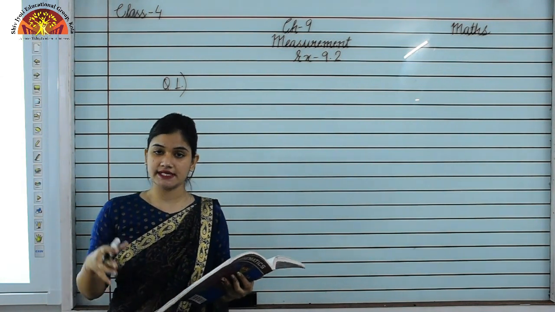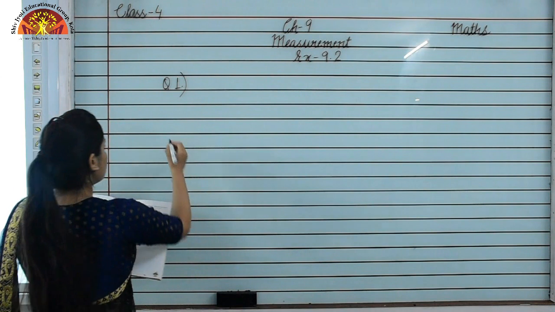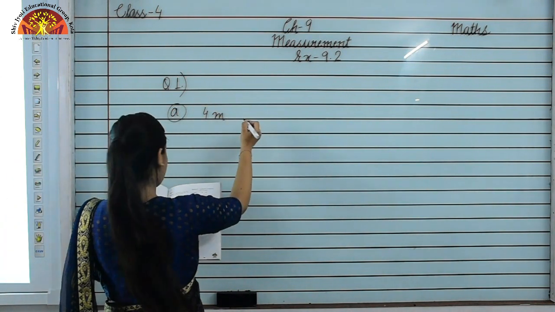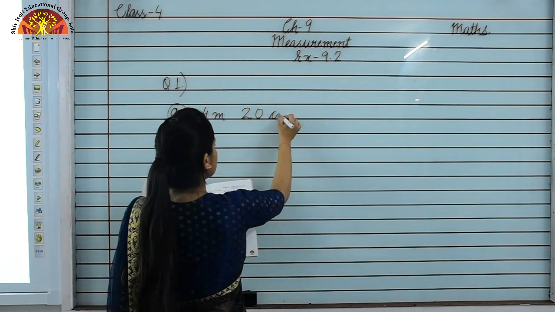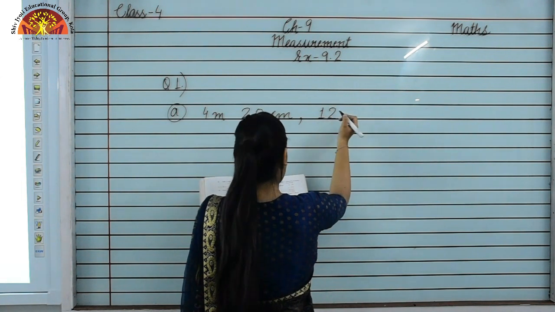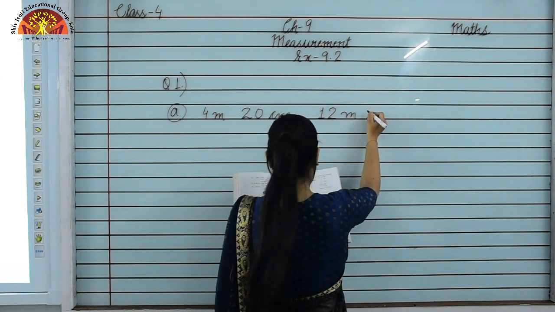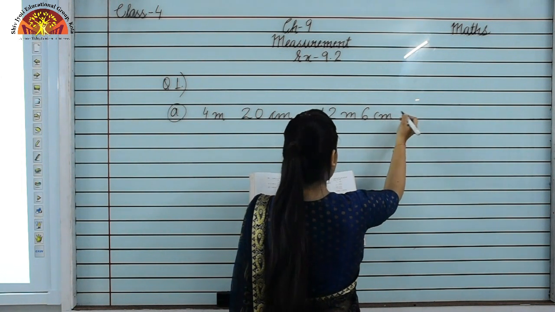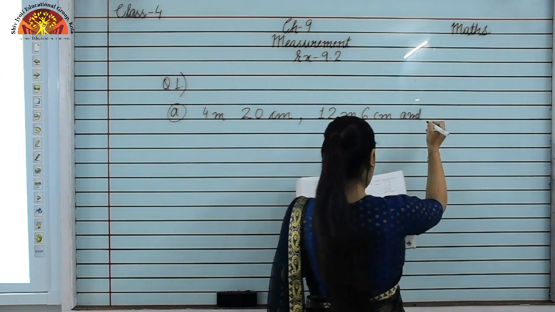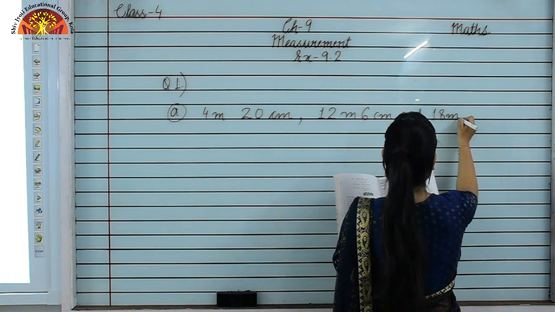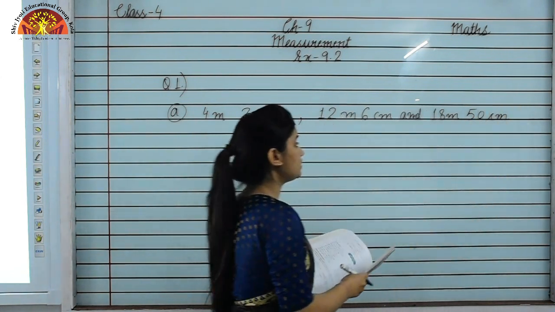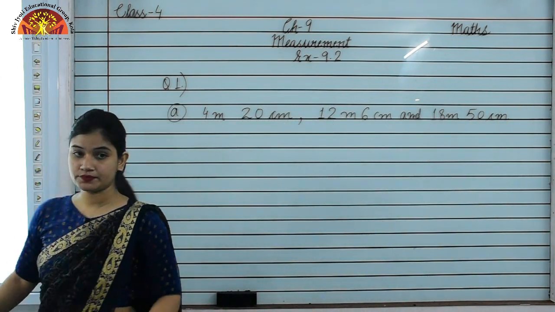It means meter, centimeter, kilometer, etc. So we are taking A part, 4 meter, 20 centimeter, then 12 meter, 6 centimeter and 18 meter, 50 centimeter. Okay, so we have 3 numbers here.